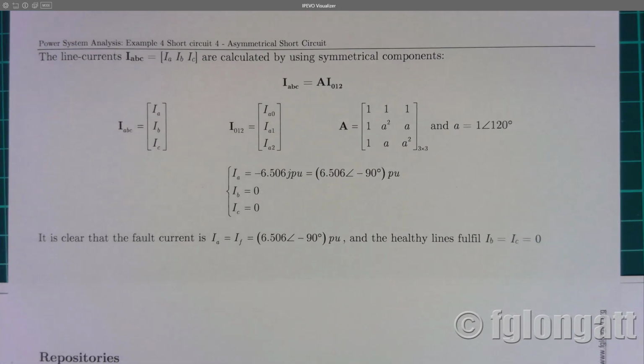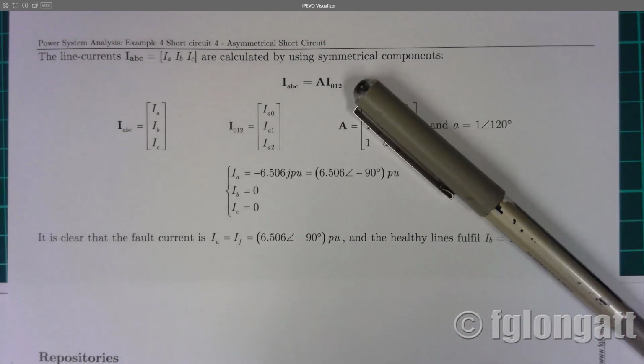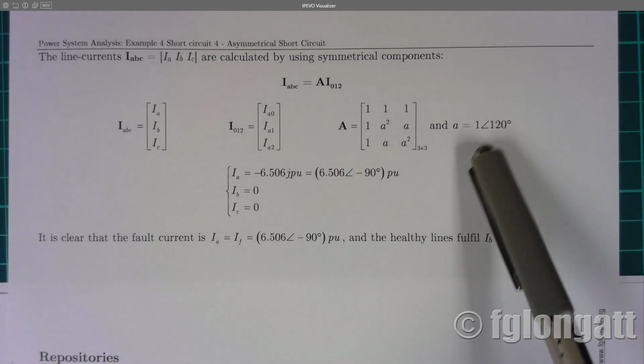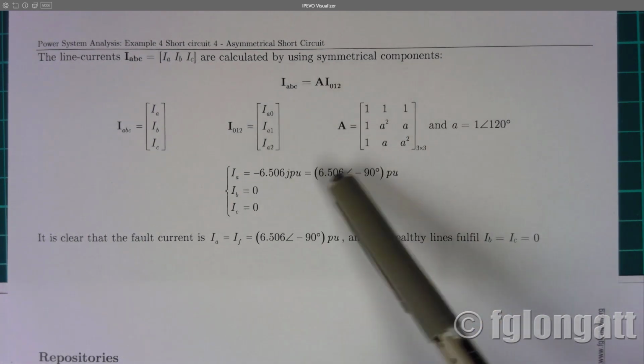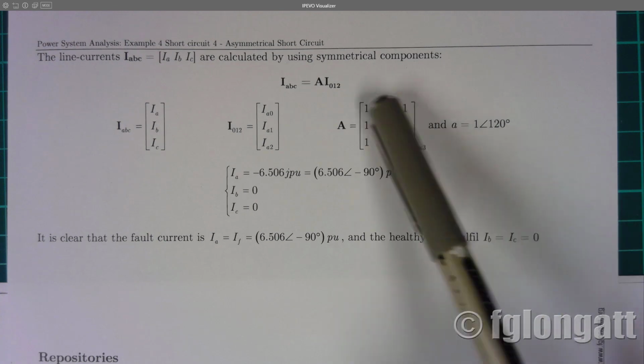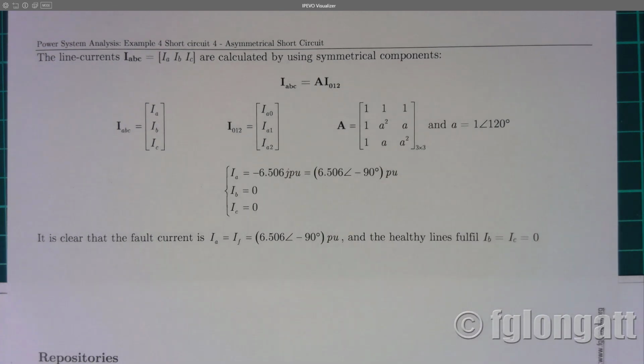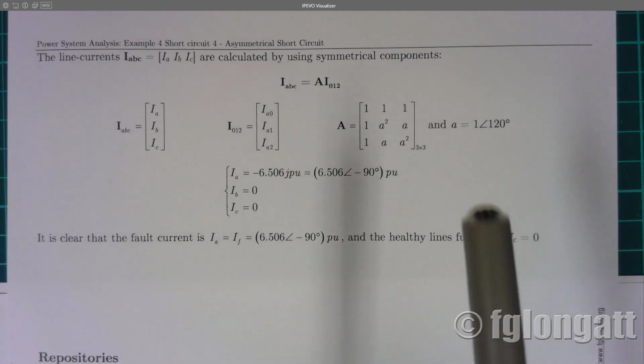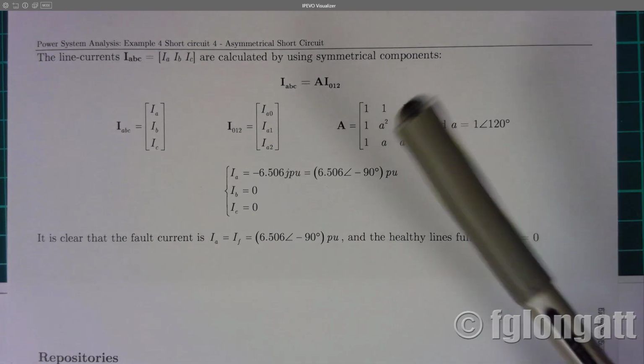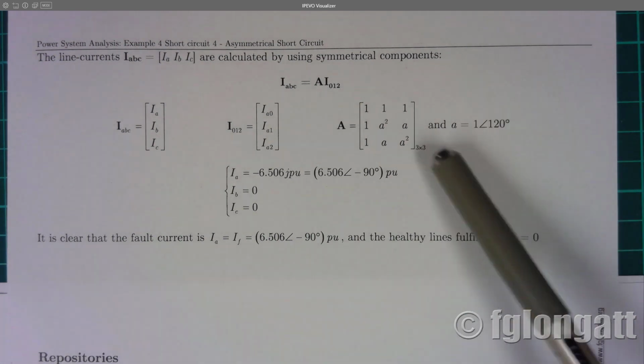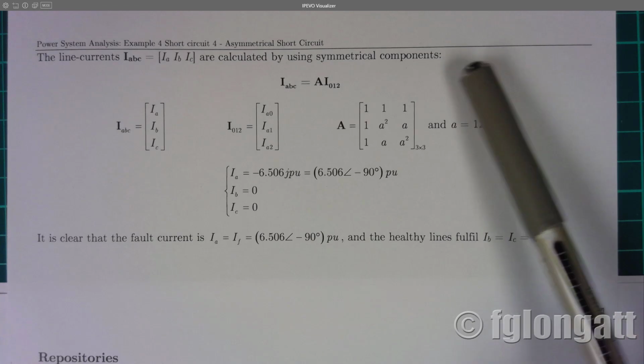To obtain the ABC currents, we use the Fortescue transformation, using this capital A matrix. This is the transformation matrix, a 3 by 3 square matrix where the operator a is used.